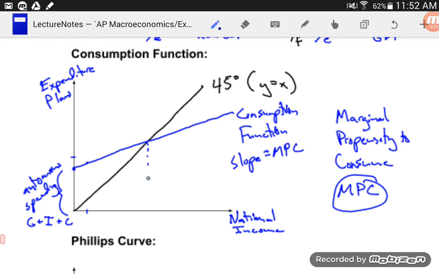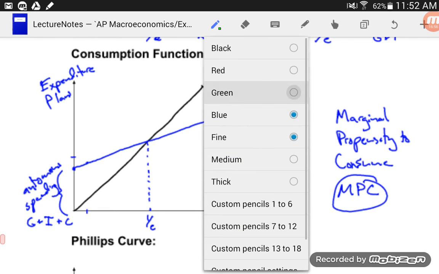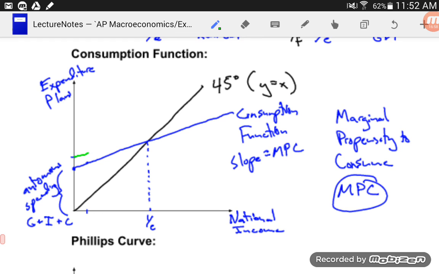Now, the reason that's important is because if there's some change in autonomous spending, we would have some equilibrium income, and again, income and GDP are basically synonymous here. So we have some equilibrium national income. If there was some increase in government spending, for instance, then, let me draw that in a different color here, we might get this shift in the consumption function, and we get a new equilibrium.